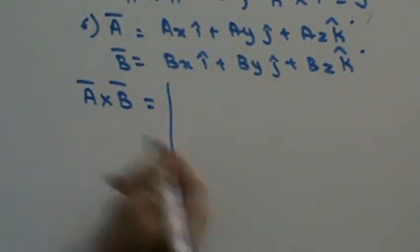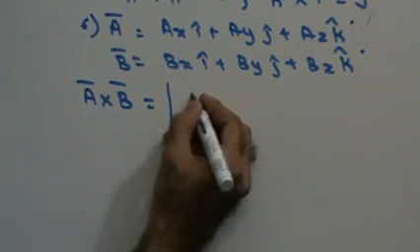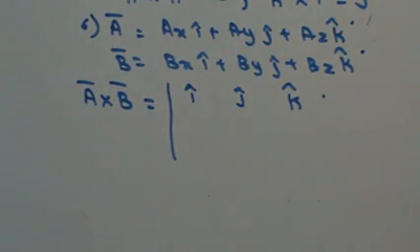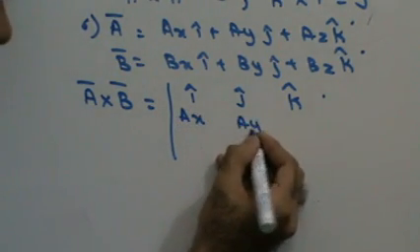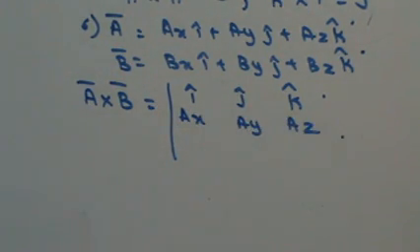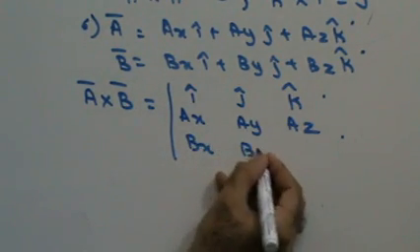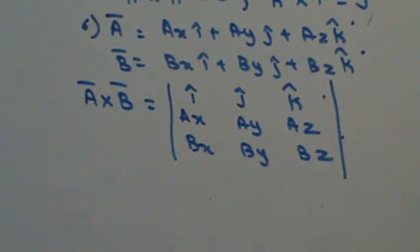Guys, what you have to do is first write the three axes down. I, J, K. Then write the magnitudes of the first vector: Ax, Ay, Az. Then write the magnitudes of the second vector: Bx, By and Bz. So by using determinants, you can find out the cross product of two vectors.